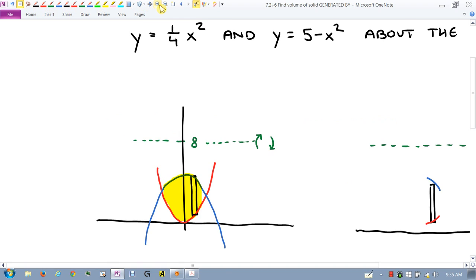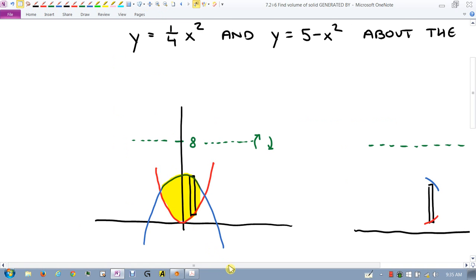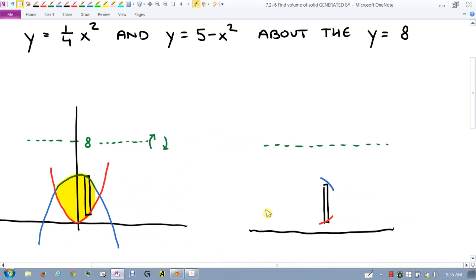Now here's where things get critically important. What we need for the formula was what I was calling the outer radius and the inner radius. It was a distance, wasn't it? It was the distance from the axis of rotation to the outer edge. So what you need to visualize is, imagine we're looking from the top down.